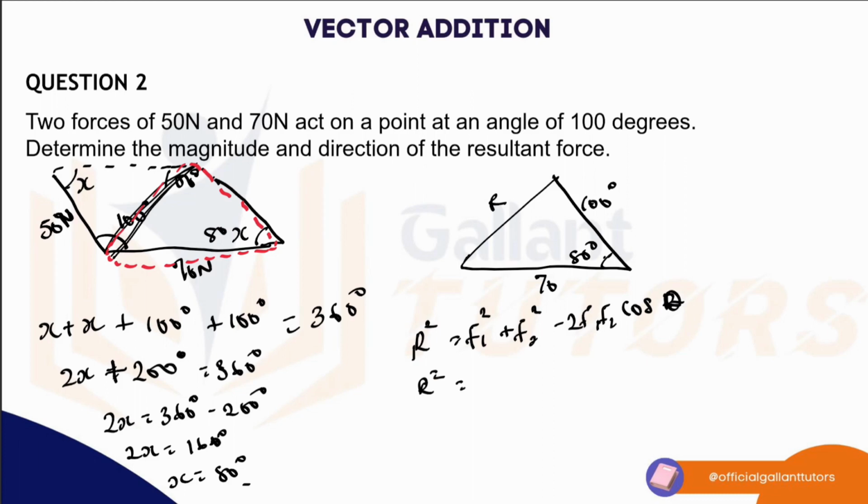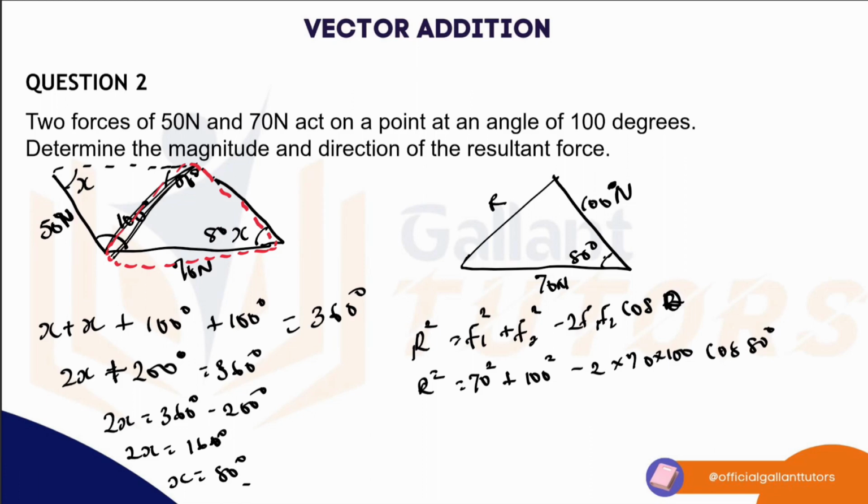So our resultant R, we go with F1, which can be 70. I always put in the unit. So 70 Newton squared, plus 100 Newton squared, minus 2 times 70 times 100 cos 80 degrees. Is that clear?